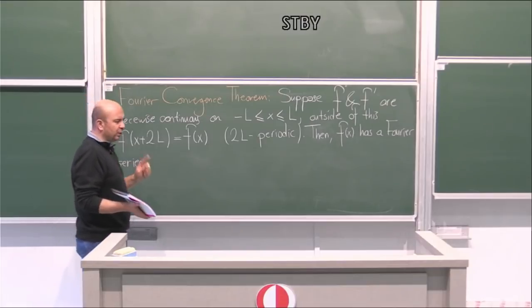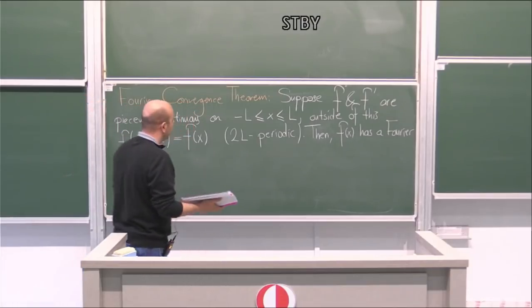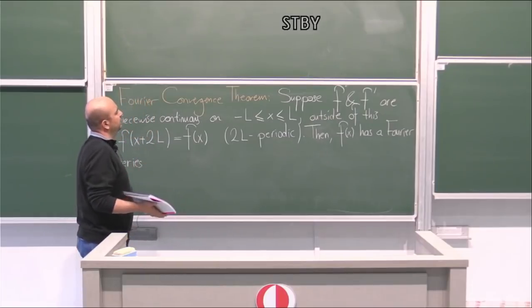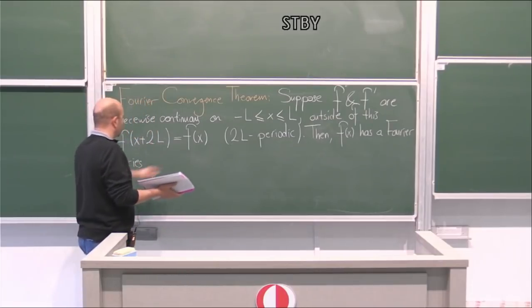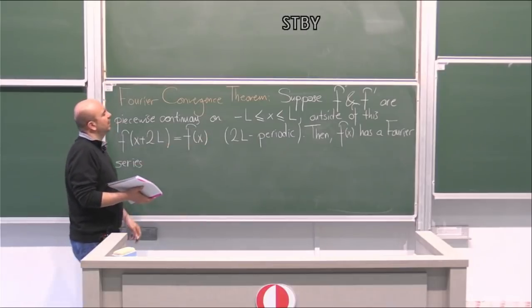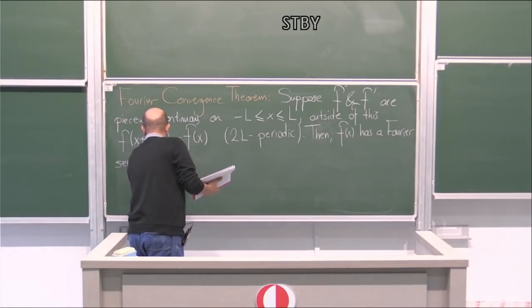I will use the following notation. It's not used in the book, but just to distinguish the function from the series. So then f of x has a Fourier series. I will write the following: SF.